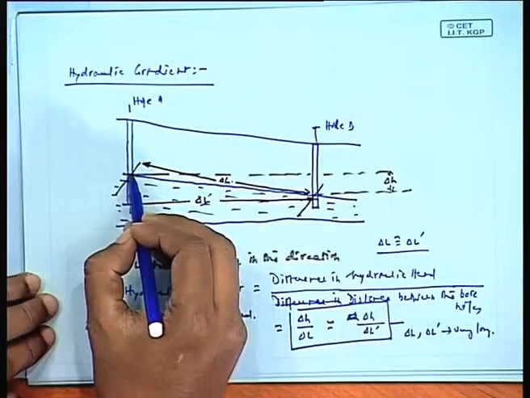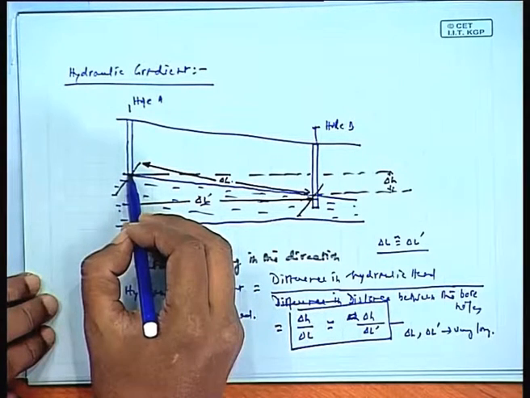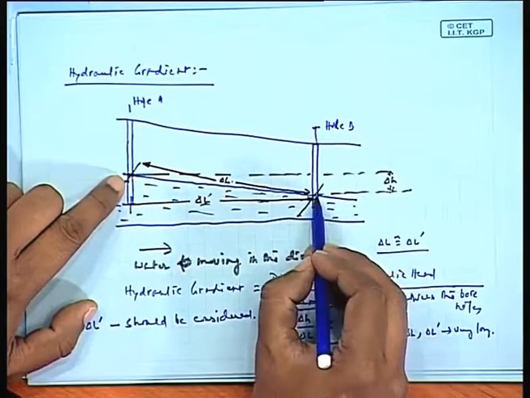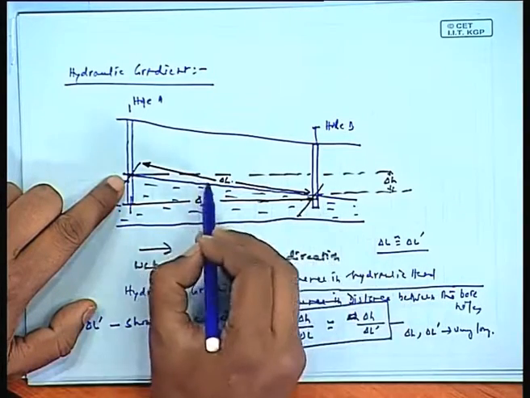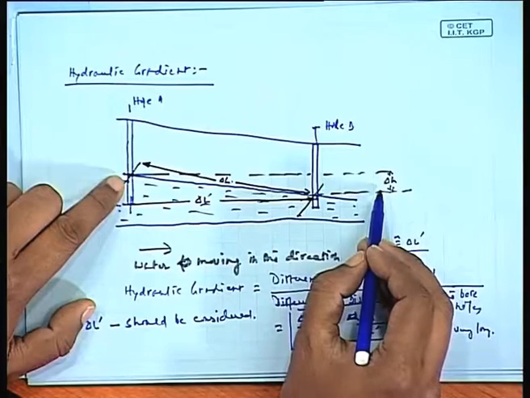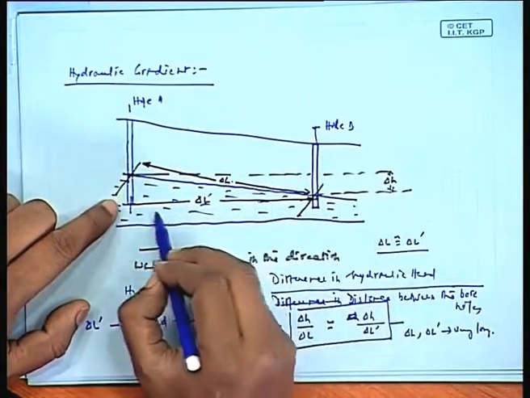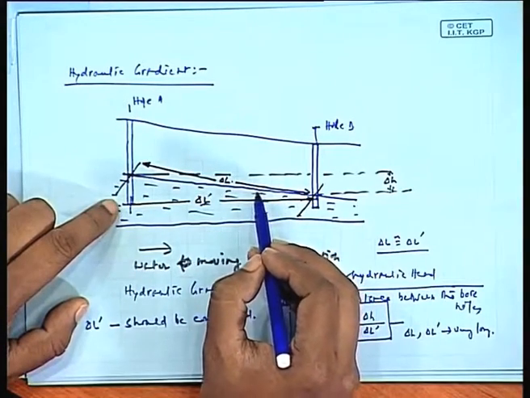In the boreholes, the piezometric water head is measured. It's nothing but when you strike the water level here and the water level here. The difference in these two levels should give you del H. Having found del H, and if we know the distance between them, you can find the hydraulic gradient.